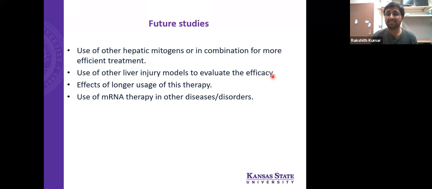We can also use other liver injury models like the carbon tetrachloride liver injury model to evaluate efficacy, and do long-term studies to know the effects or any side effects. And also we can use the mRNA therapy in other diseases and disorders.